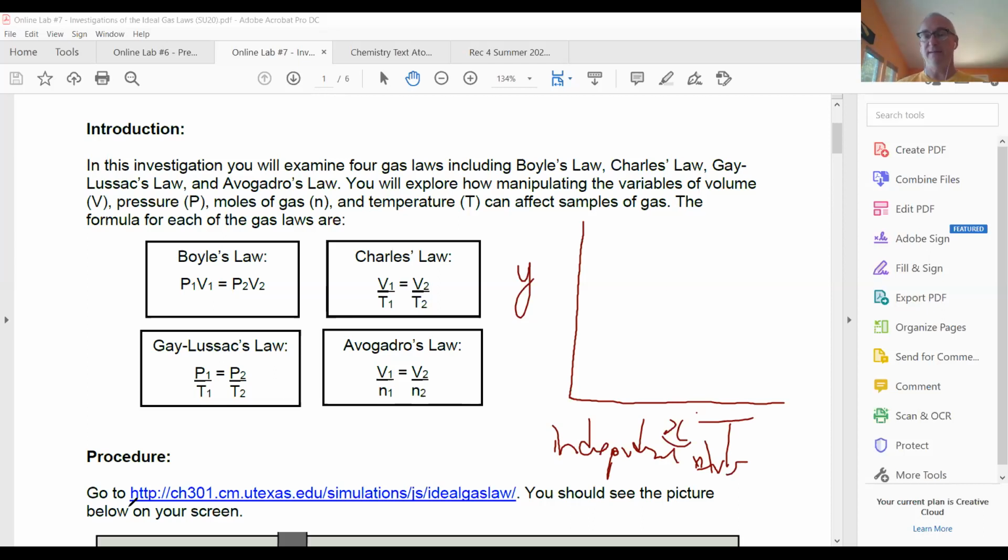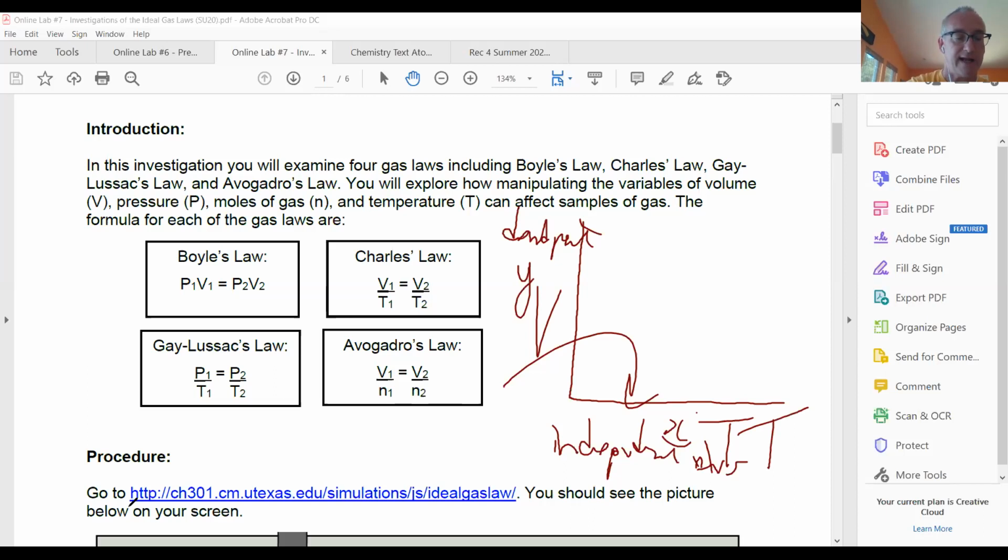I will independently determine that I want A, B, C, D, E, and F temperatures. Y is the dependent axis, because the value of Y is dependent on what I choose for X, right? We don't know what Y is going to be. It depends on whatever X is going to be. And so I'm going to plot my temperature, and my volume is going to be whatever I measure it to be. So Y will be the dependent axis.